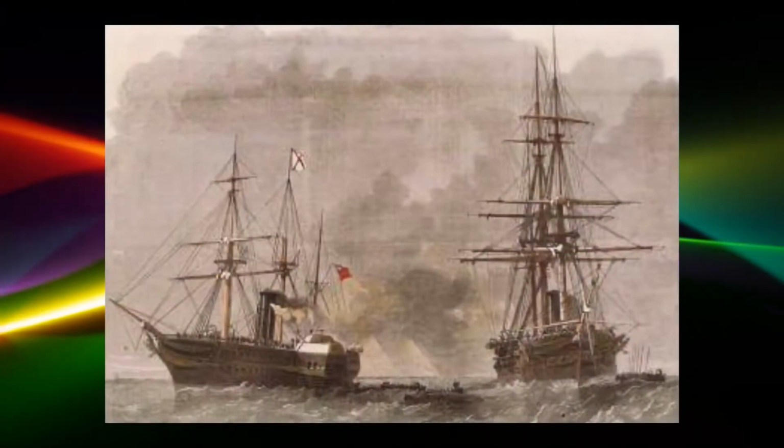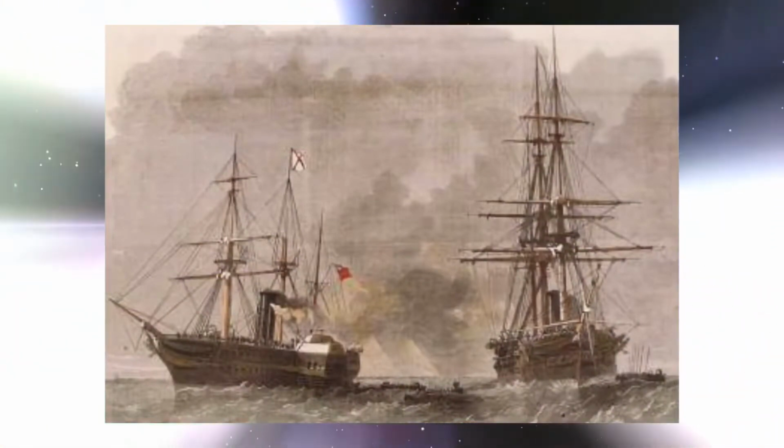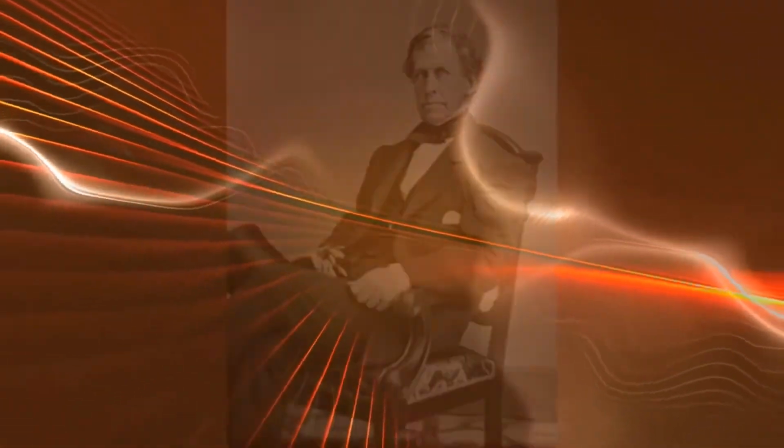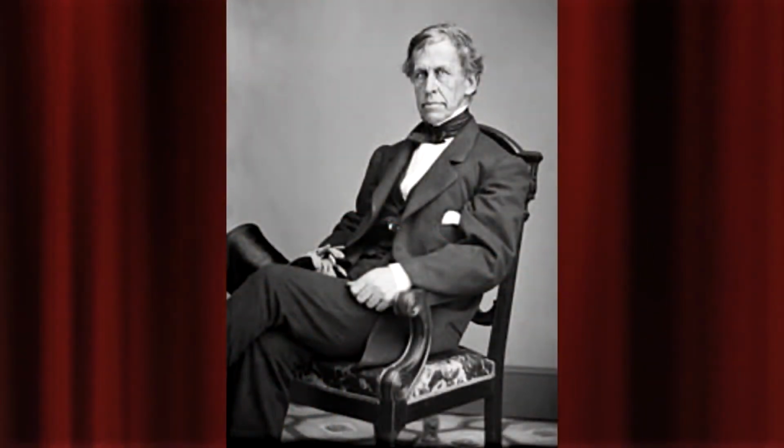These diplomats, however, were captured by the United States Navy from a British ship. This incident was protested strongly by Great Britain. The situation became so bitter that it was feared that the 2 nations could engage in a war, or at least a diplomatic conflict. This arrest of the 2 diplomats was made by Union Captain Charles Wilkes.